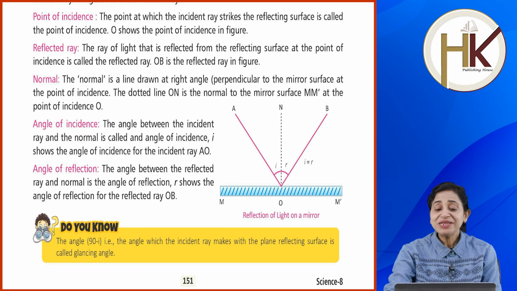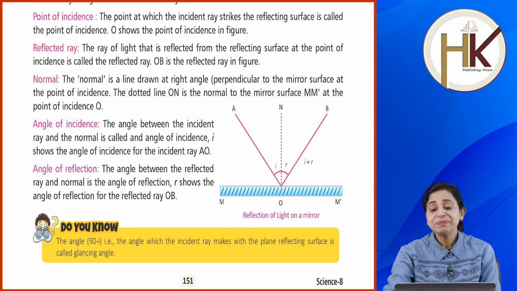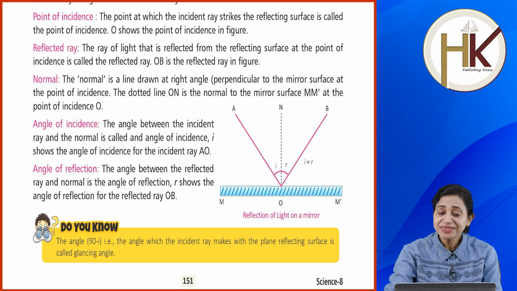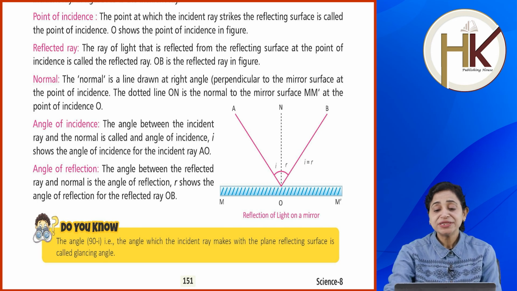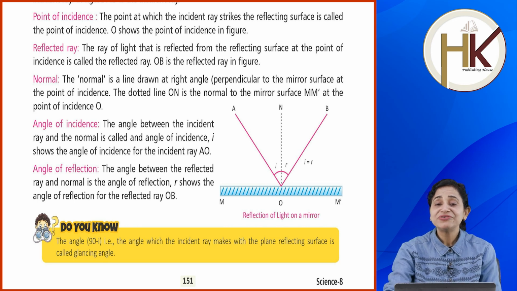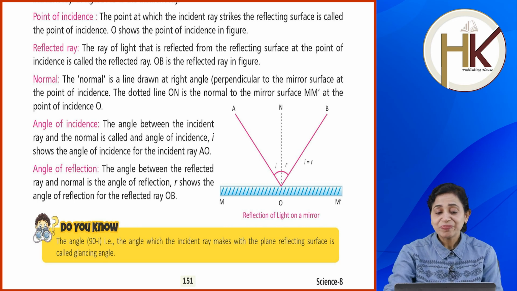Normal: the normal is a line drawn at right angle, perpendicular to the mirror surface at the point of incidence. The dotted line ON is the normal to the mirror surface MM at the point of incidence O. Angle of incidence: the angle between the incident ray and the normal is called the angle of incidence. I shows the angle of incidence for the incident ray AO.